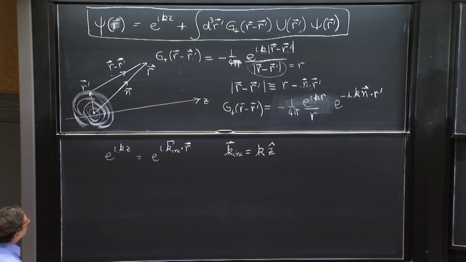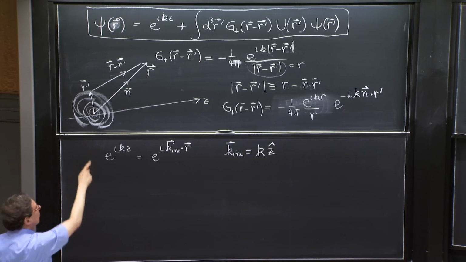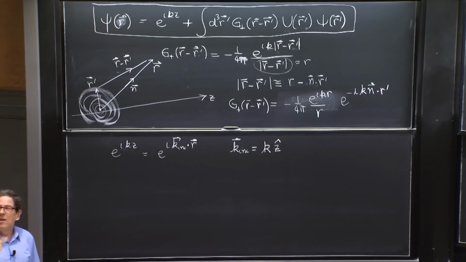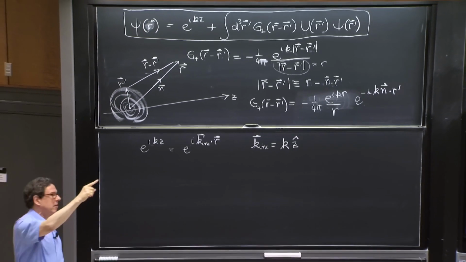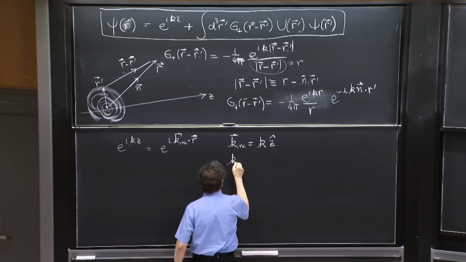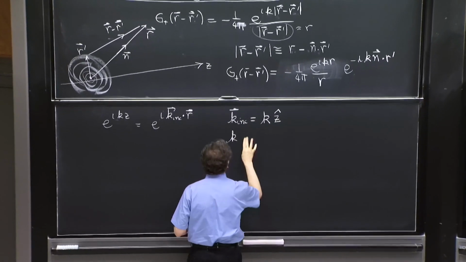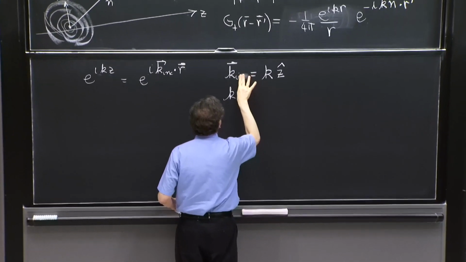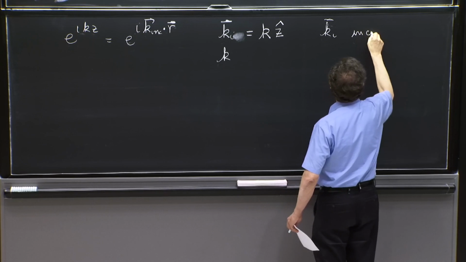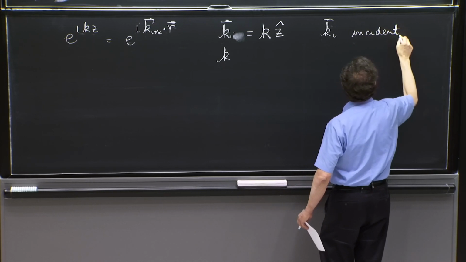There's another vector that is kind of interesting. You're observing the wave in the direction of the vector r, the direction of the unit vector n. So it's interesting to call k incident, I think people write it with just i, so k i for incident k.